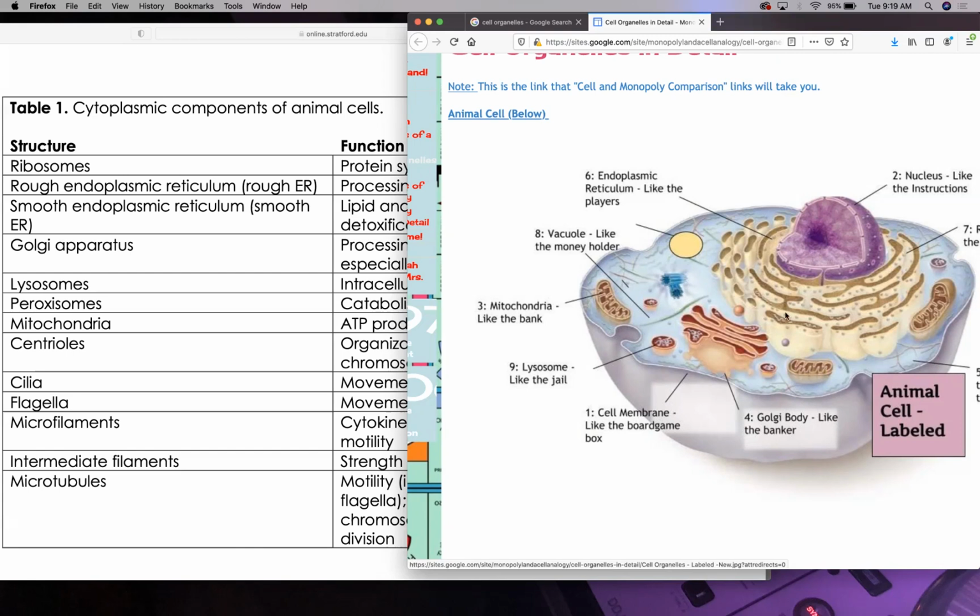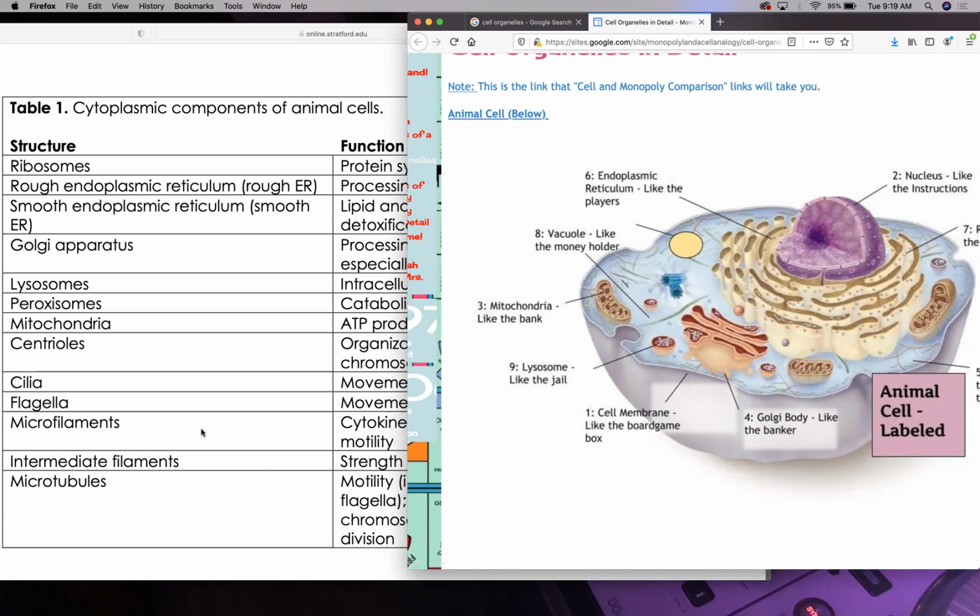Now, what do they do? When it's time for this cell to divide, one centriole will move to one end of the cell, and the other will move to the other end. It'll bind to all of these microtubules and form these little lines. Everything that gets duplicated will get separated onto one side and the other as equally as possible.